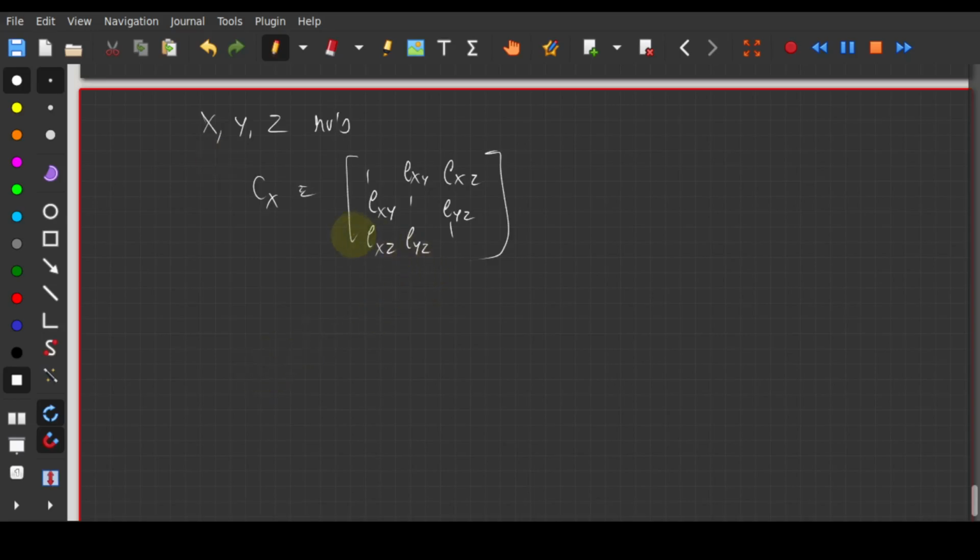Now maybe you make some measurements. You know that rho xy is between 0.2 and, let's say, 0.3. And maybe you know that x and z are positively correlated.